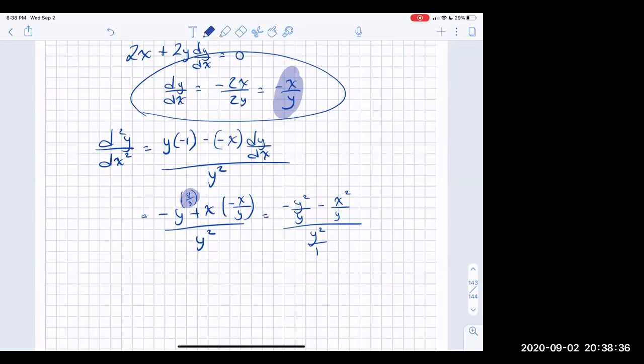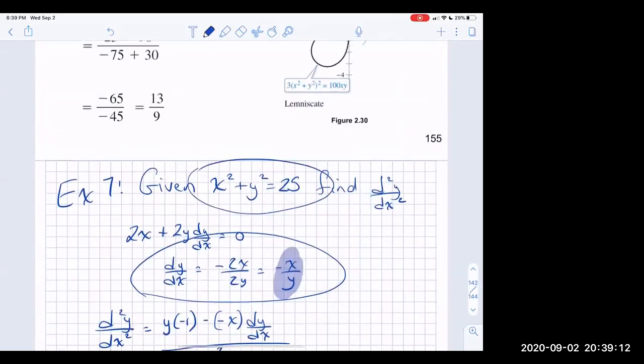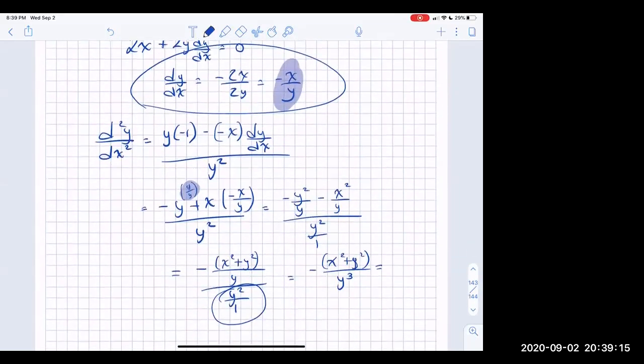And then I'm going to have the negative of x squared plus y squared over y, all over y squared over 1, right? Which when we go to clear that bottom fraction, we flip and multiply. And so that becomes negative of x squared plus y squared over y cubed. But we also know that x squared plus y squared is 25. So that's negative 25 over y cubed.